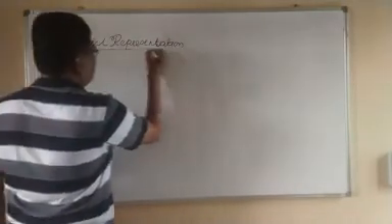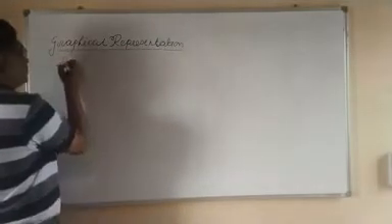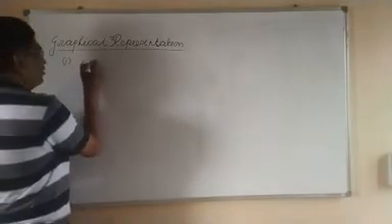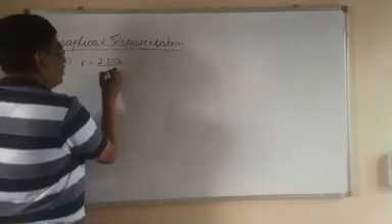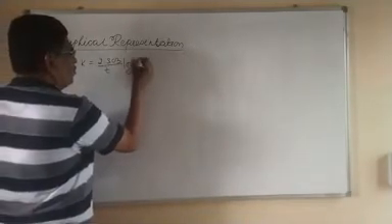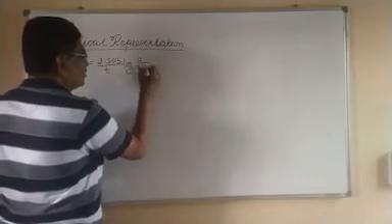Graphical representation. There are two cases. k is equal to 2.303/t log of a over a minus x.